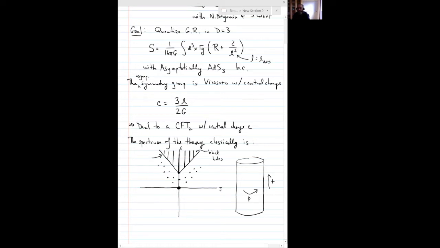So there's a few questions in the chat window, which I'll answer in a second. But first, let me just rephrase this all in a slightly different language. These states that I've referred to in the gravity literature are known as boundary gravitons. But in the CFT literature, we would call them Virasoro descendants of the vacuum state, that is to say, of empty anti-de Sitter space.